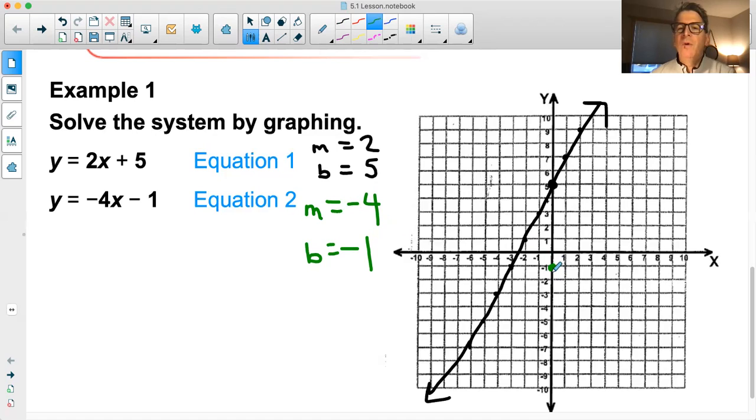We go down 4, 1, 2, 3, 4 over 1. Or we could go up 4, 1, 2, 3, 4 over 1. But you can see where we have our graph.